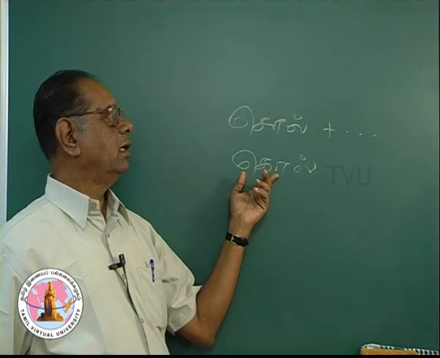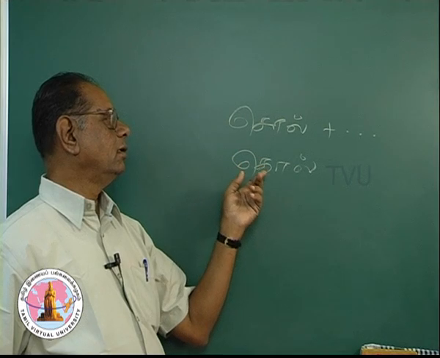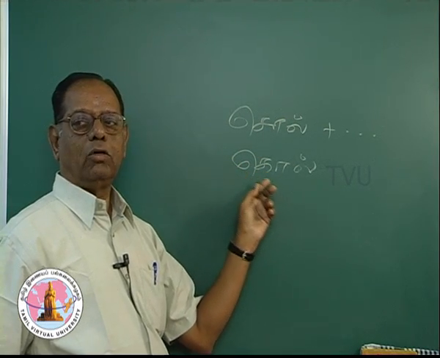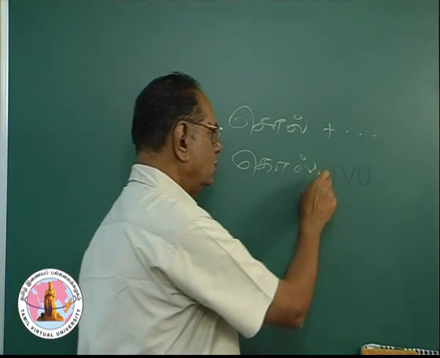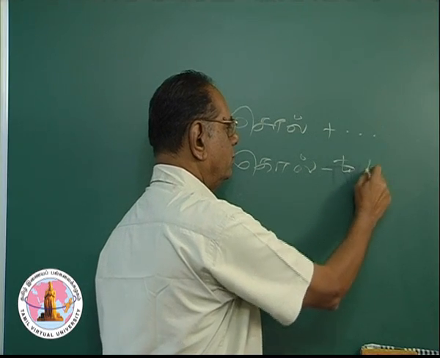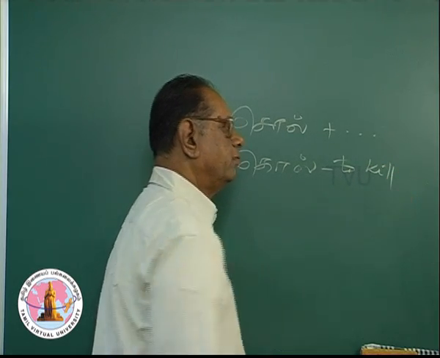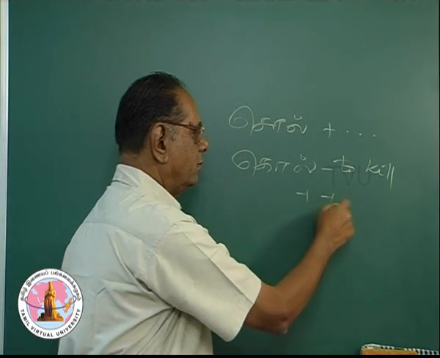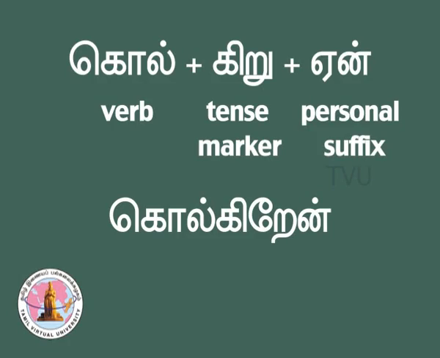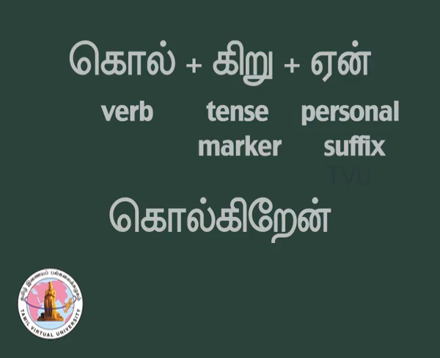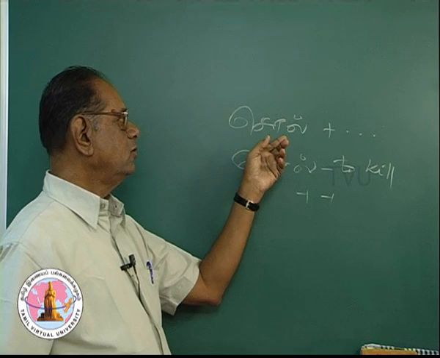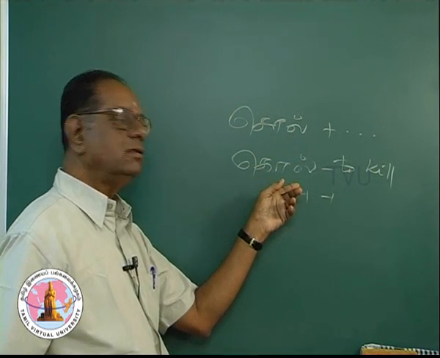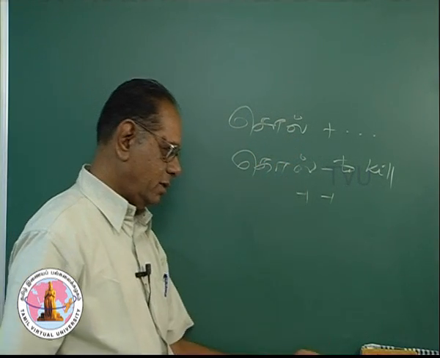What is this? Kol. Kol is to kill. So this will be kolgirain. This is solgirain and this is kolgirain.